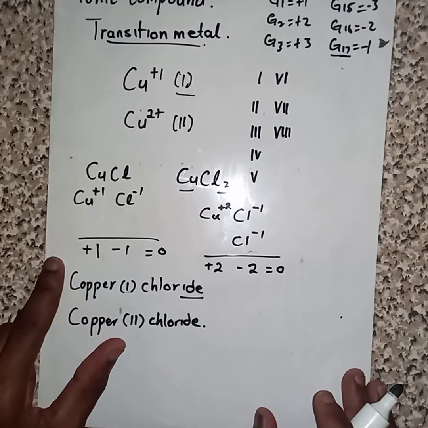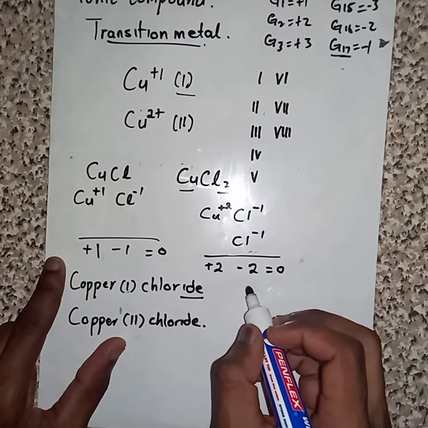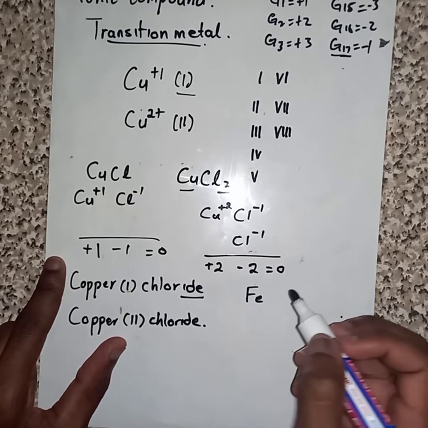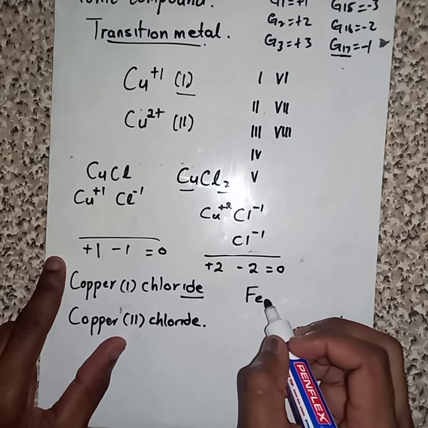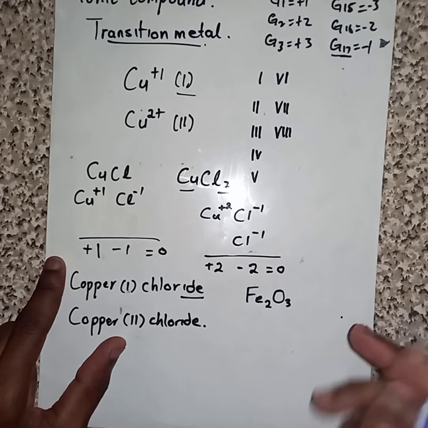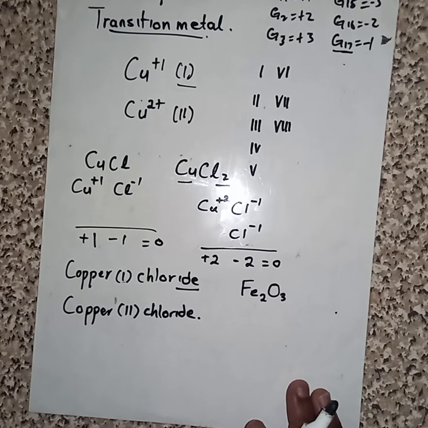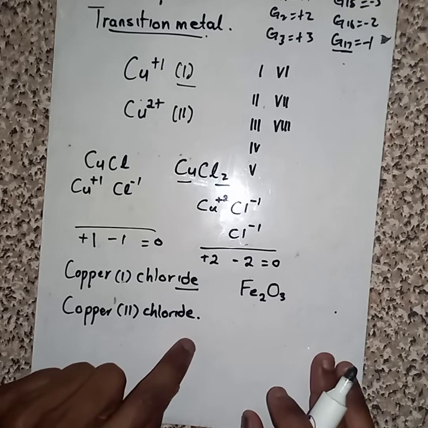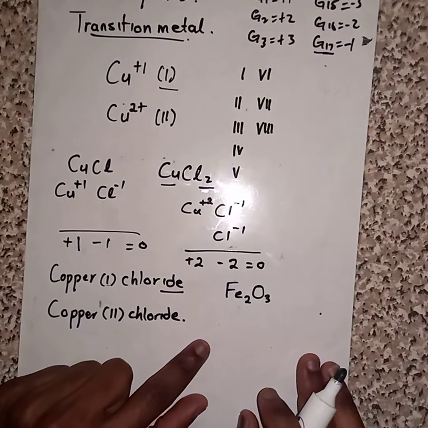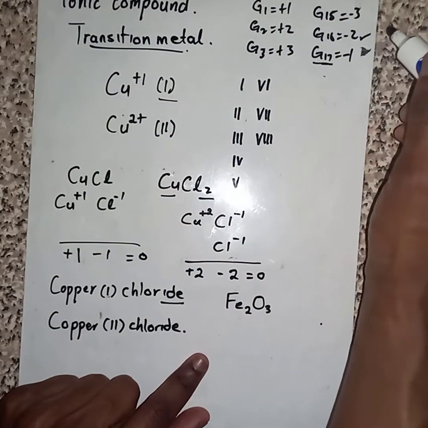Let's say now I decide to give you something like this. How are you going to solve this one? From our periodic table, oxygen is in group 16.